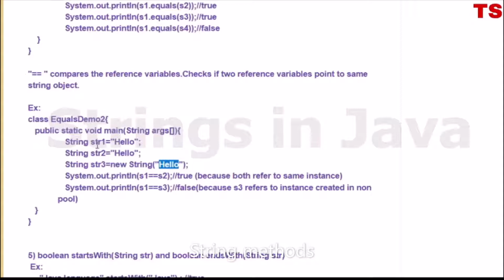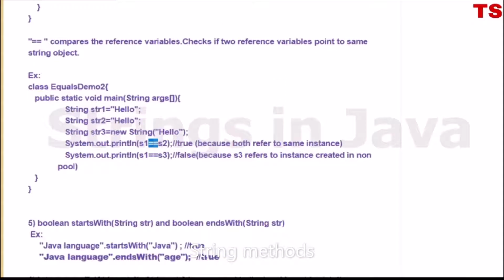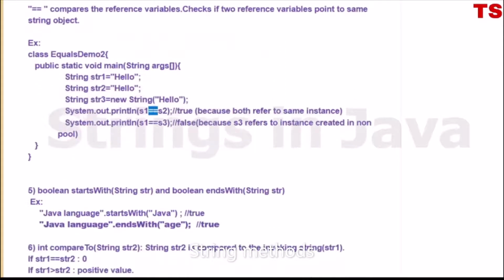Now str1 == str2 will return true, whereas str1 == str3 would return false, because str1 is a string literal which is stored in the string pool, and str3 is a string object stored on the heap.